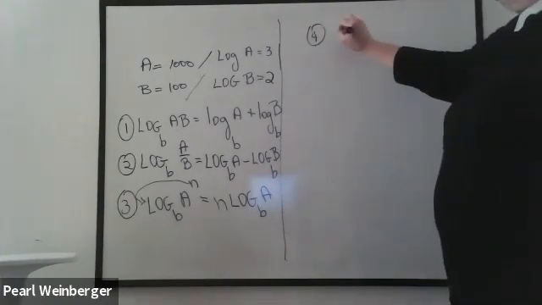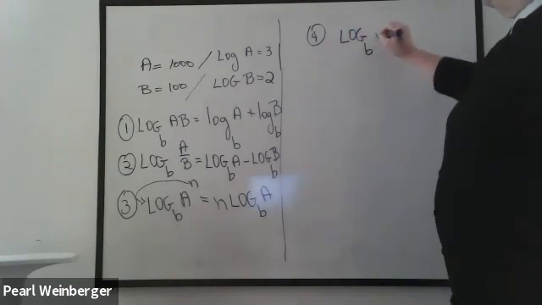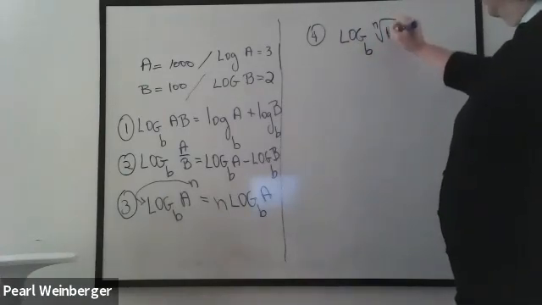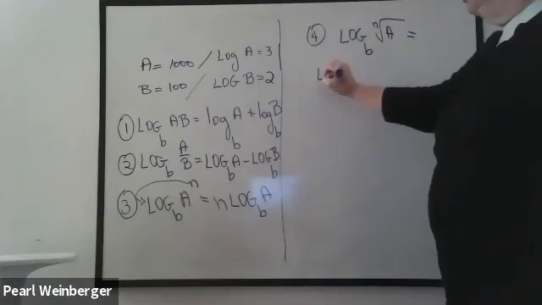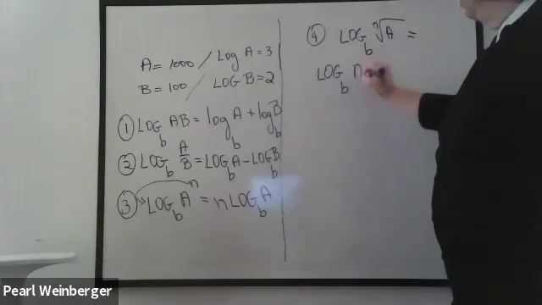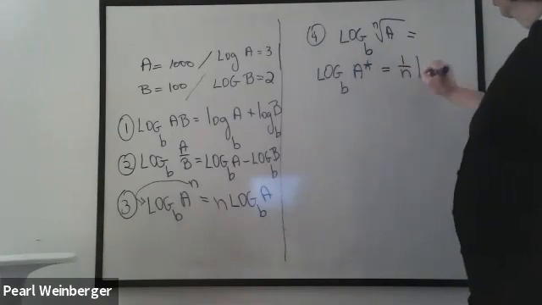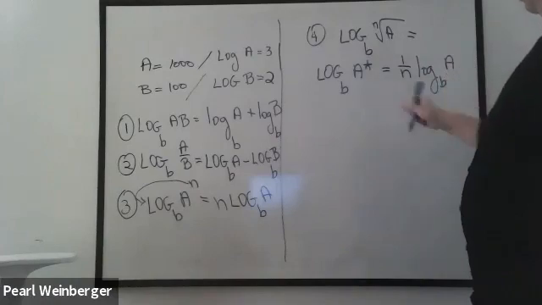If I want to do the log of the nth root of a, then what I'm going to do is actually do the log of a to the 1 over n, which means I'll multiply the log of a by 1 over n.